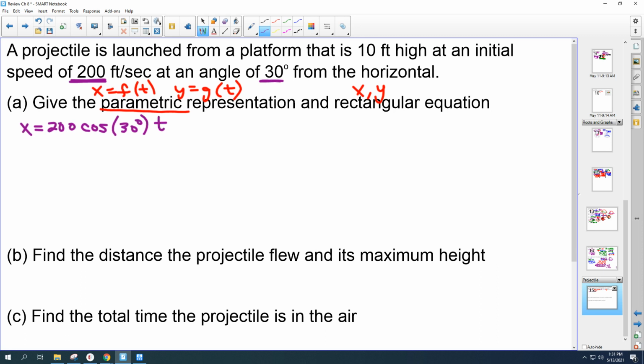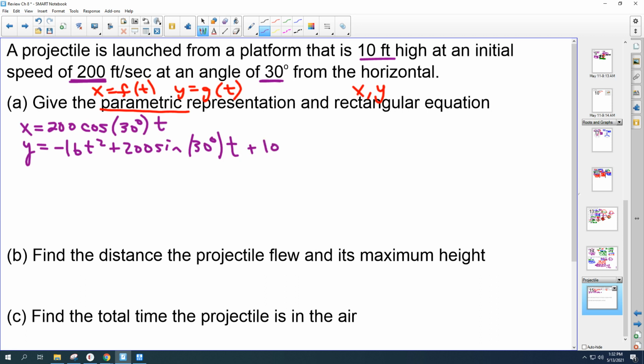That's your function of t. Now your y is going to be negative 16 t squared plus 200 sine 30 degrees times t plus 10, since it was launched from a platform that is 10 feet high, your initial height.